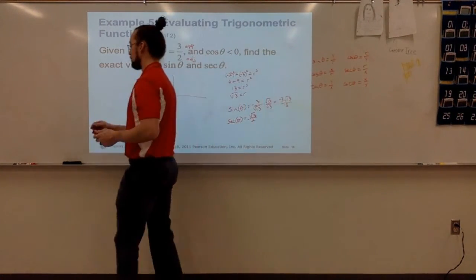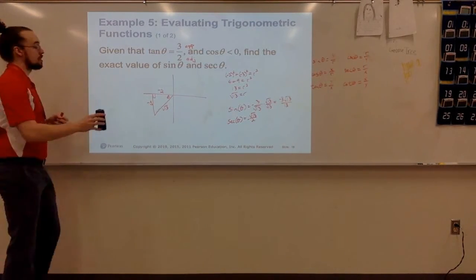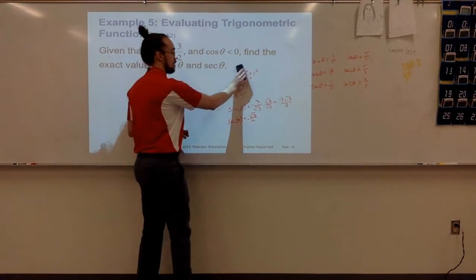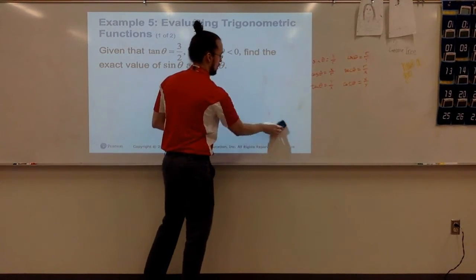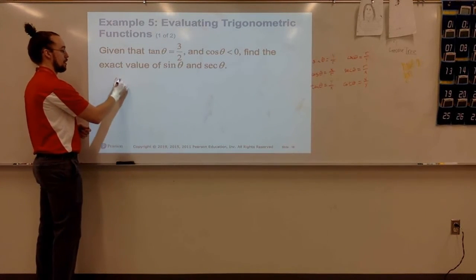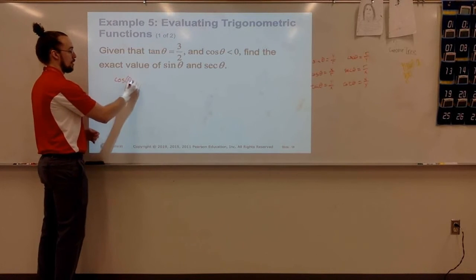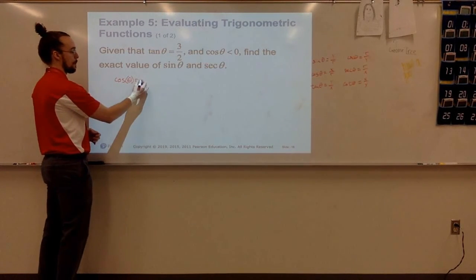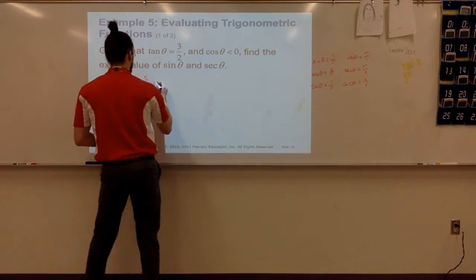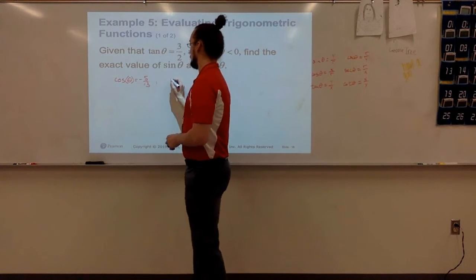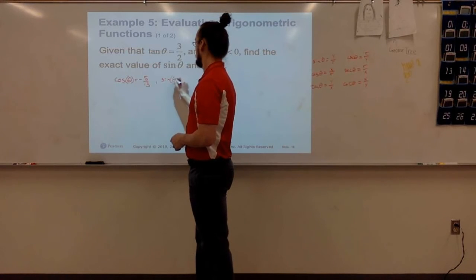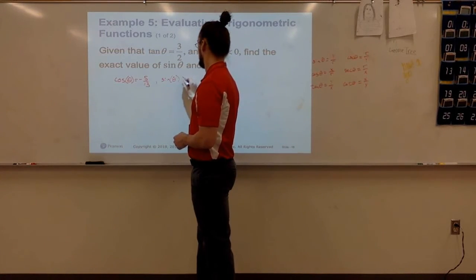Let's try another one of those then. Let's say how about we're given that cosine of theta is negative 5 over 13, and we know that sine is positive.